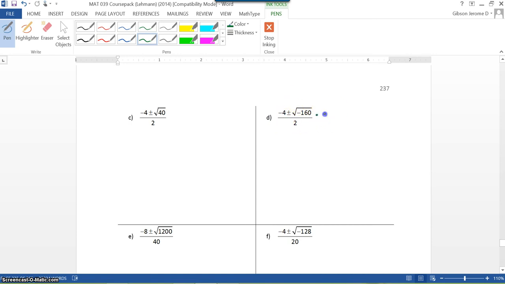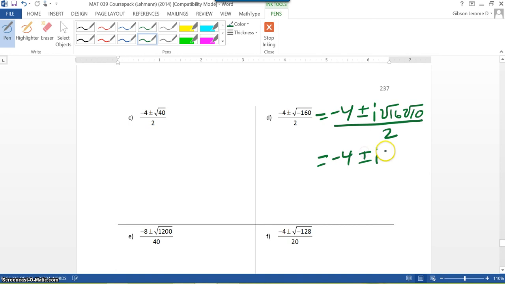Now if we look here at D, this would be negative 4 plus or minus the square root of negative 160. Now first of all, we know that we're going to have an i come out of here. But the 160 can be broken down to square root 16 times the square root of 10, and this would be all over 2. So it would be negative 4 plus or minus i, the square root of 16 is 4, so it would be times 4 square root of 10 all over 2.